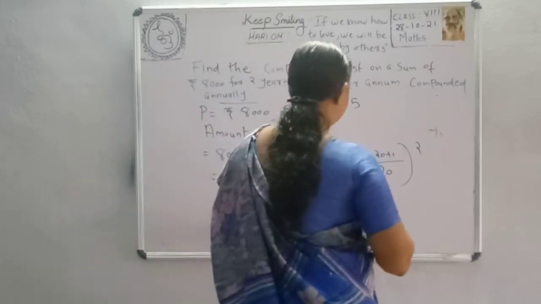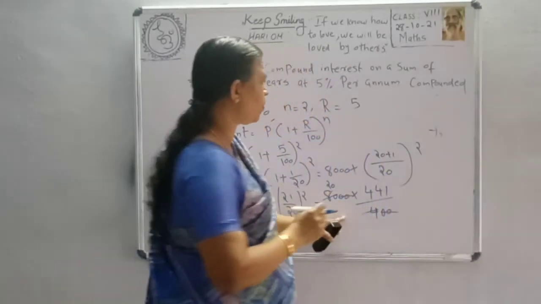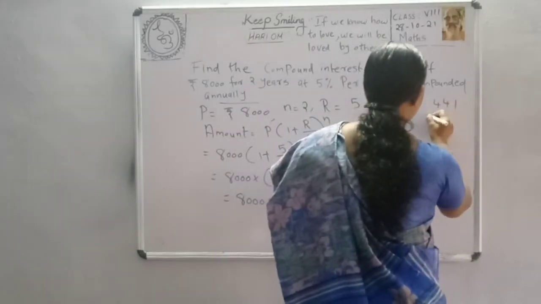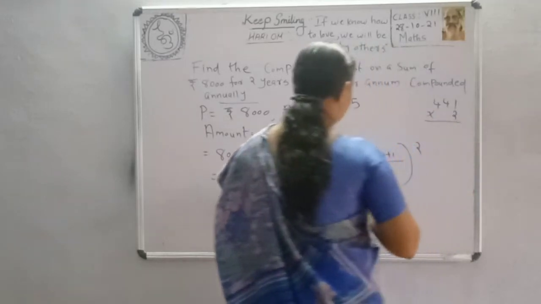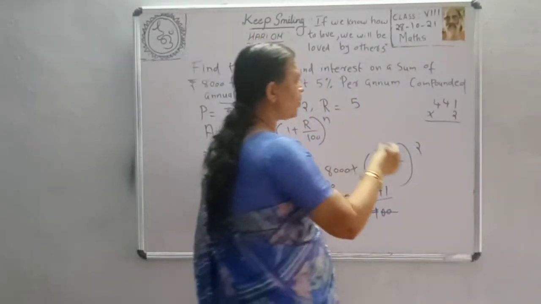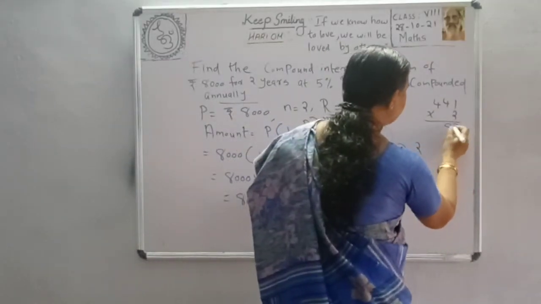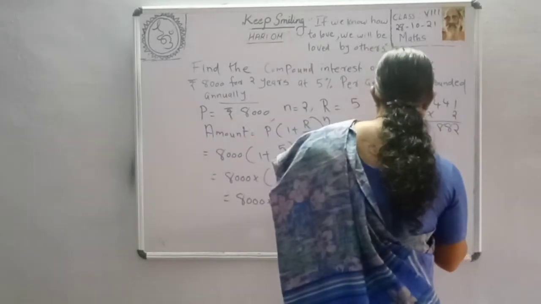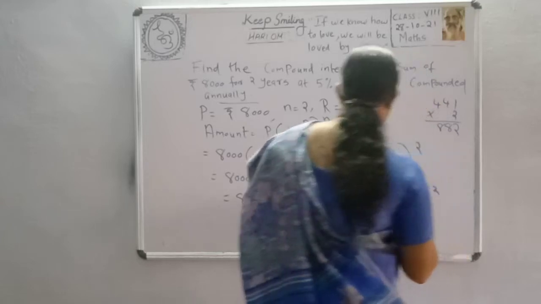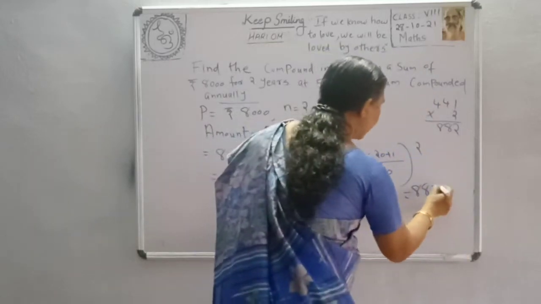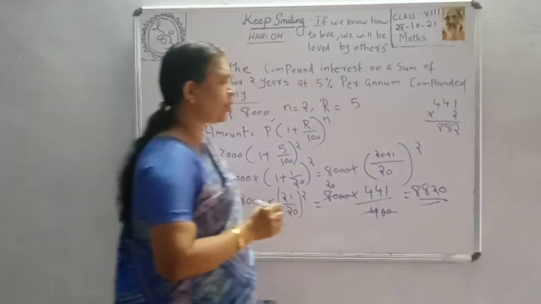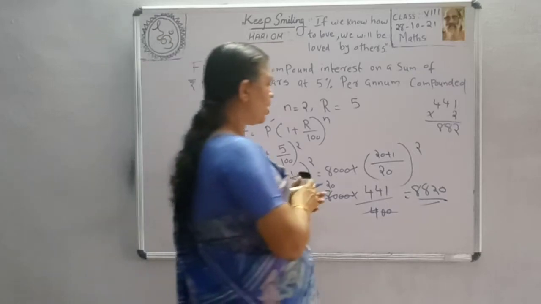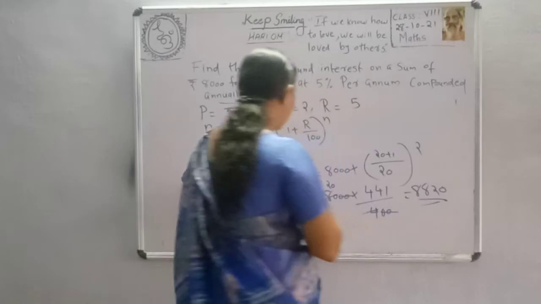Then 441 into 20. What is 441 into 2? 2 into 1 is 2, 2 4 is 8, 2 4 is 8. So it is 882, then there is a 0 also. So it is equal to 8820.